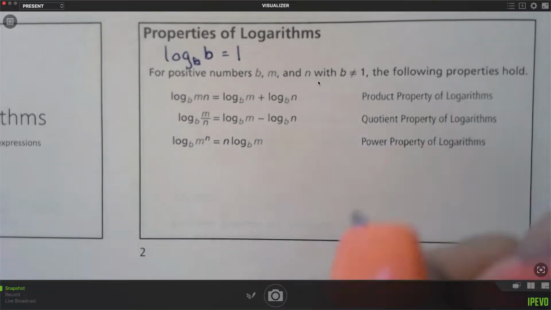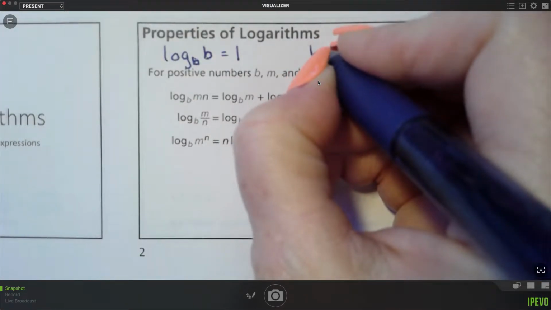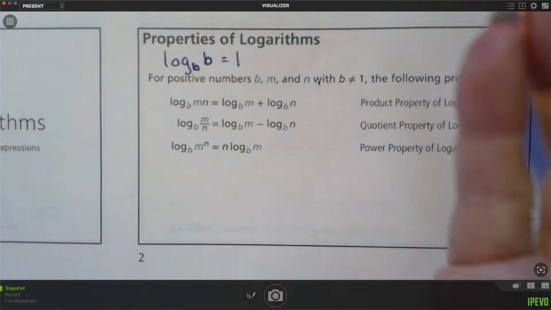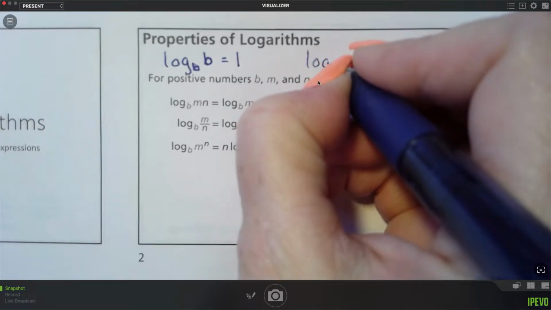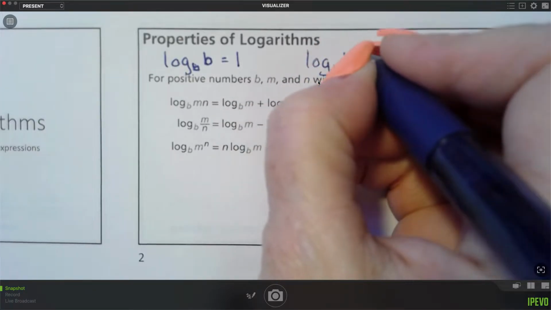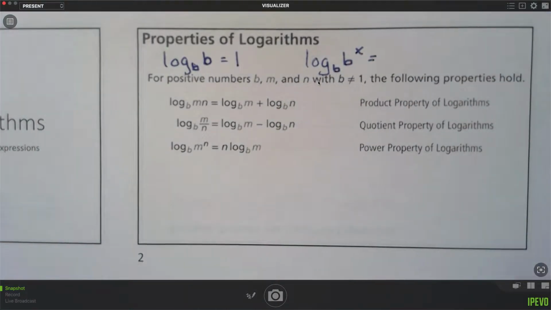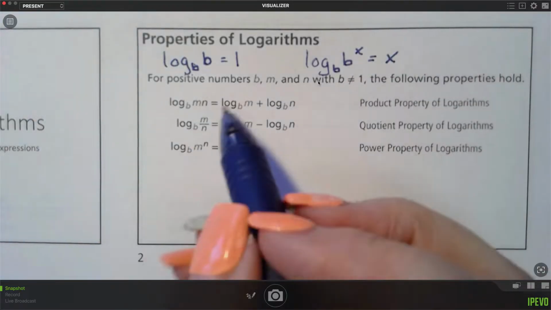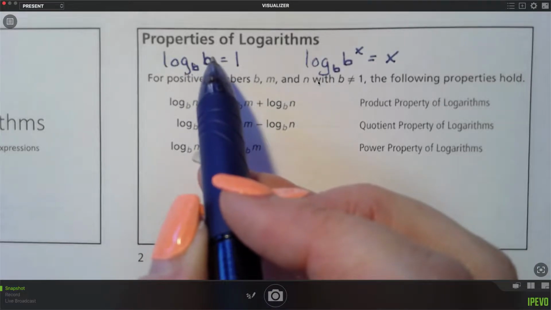But this leads me into another part of it that if it was me, I'd remember this one, not the first one. Log base b of b to the x, which you guys were seeing last week, was just what? X. So back over on this one, what's the exponent on this b that I didn't write? 1.